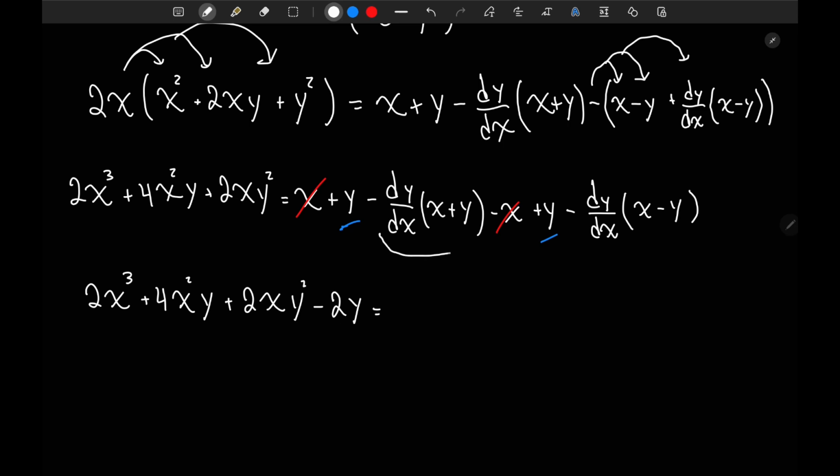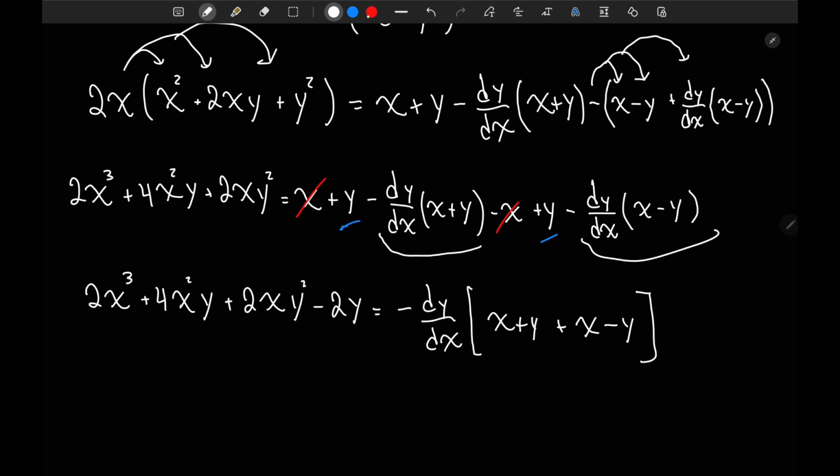have left on this side are these dy/dx terms. So let's factor out a minus dy/dx. And we will be left with (x plus y) plus (x minus y).